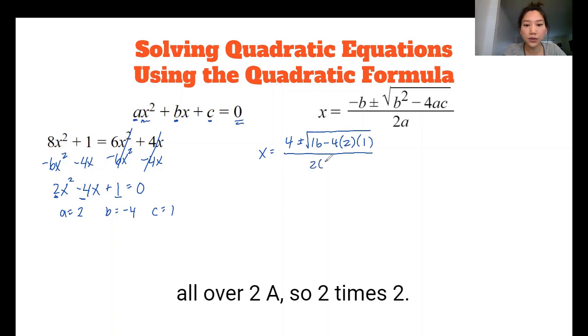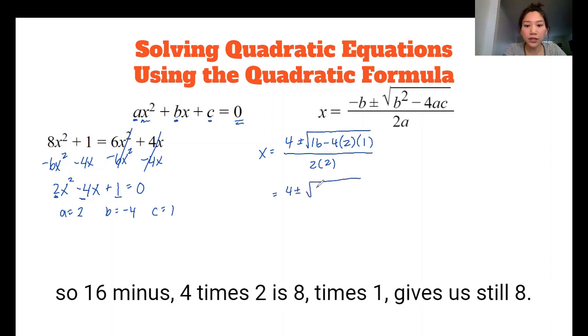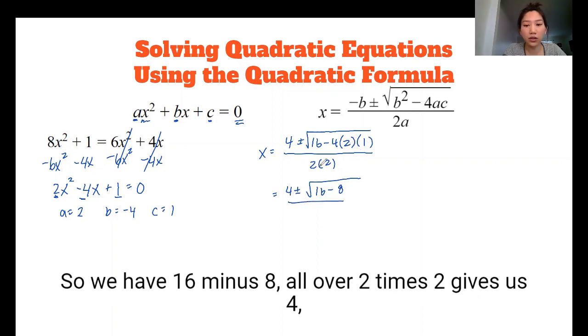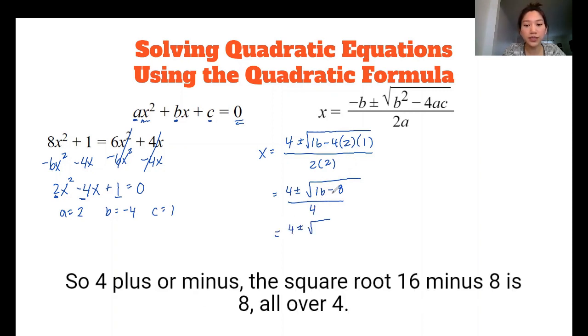So 2 times 2. So then we have 4 plus or minus square root. So 16 minus 4 times 2 is 8, times 1 gives us still 8. So we have 16 minus 8, all over 2 times 2 gives us 4. And then keep simplifying. So 4 plus or minus the square root 16 minus 8 is 8, all over 4.